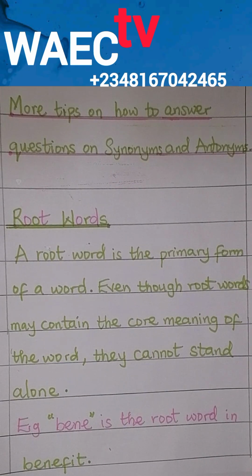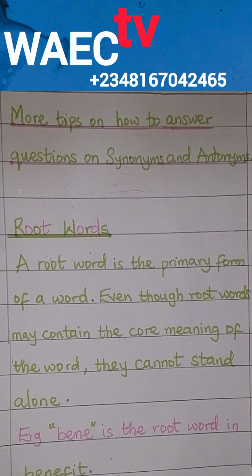In our previous class, we learned some tips on how to address synonyms and antonym questions. Remember, synonyms are words having similar meanings, while antonyms are words having opposite meanings.